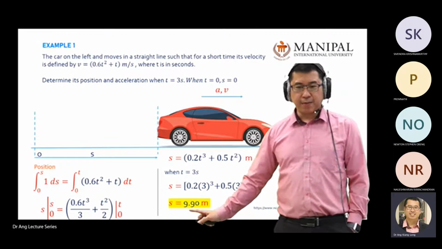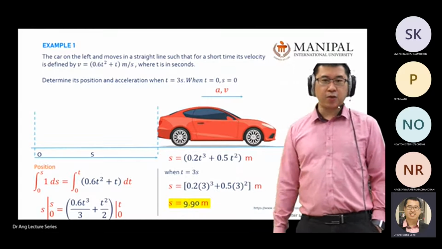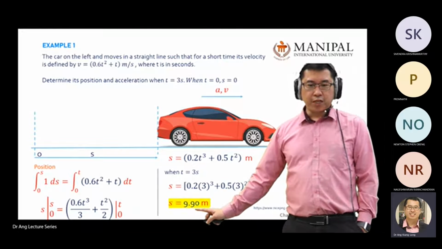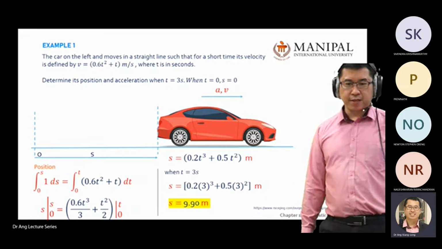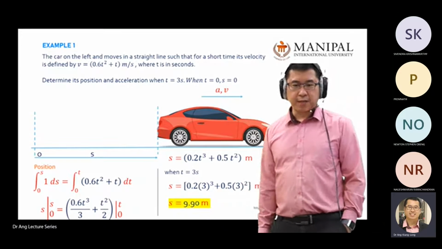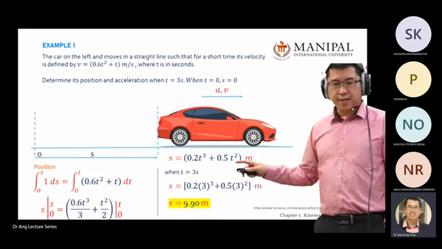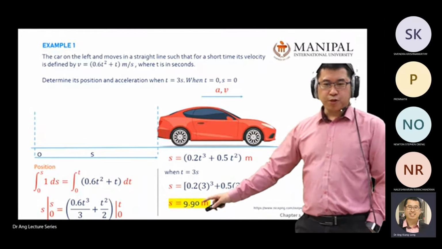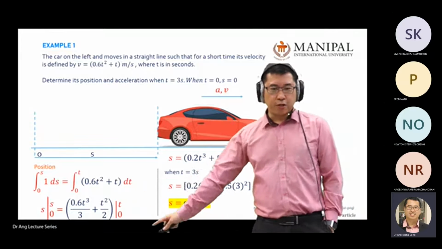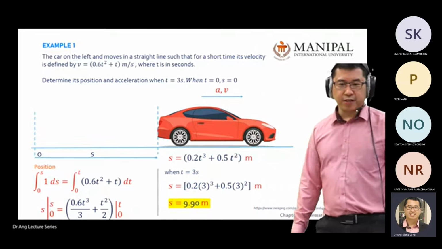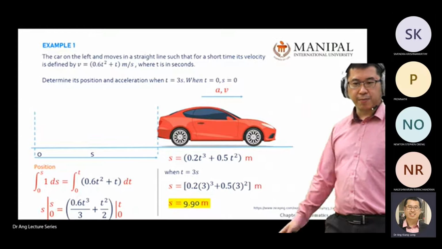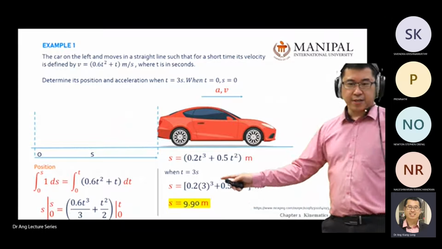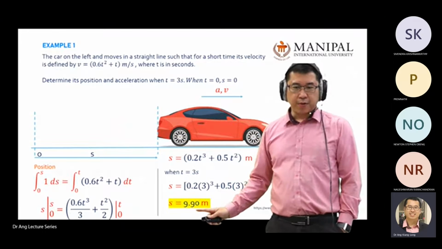Just a reminder when you answer your question in test or final exam: minimum 2 decimal places, maximum 3 decimal places. 9.9 meters. Again, in this tutorial question, most of the time you need to polish up your integration and differentiation skill that you learn in your mathematics class. All right. You have found your S equal to 9.9 meters.